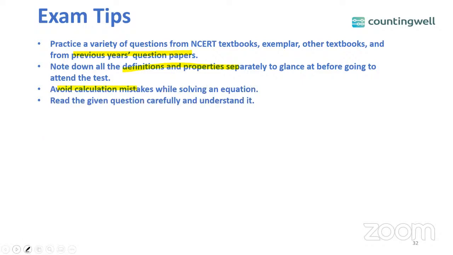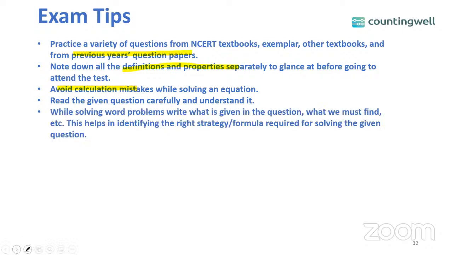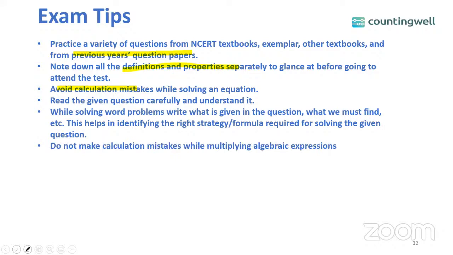Read the question carefully and understand it. Next, find what is given in the question and what you have to find or solve. It will help you identify the formula required for the given equation. You should not make calculation mistakes, especially when you're multiplying algebraic expressions. And at the last, check whether you have answered all the questions and sub questions.